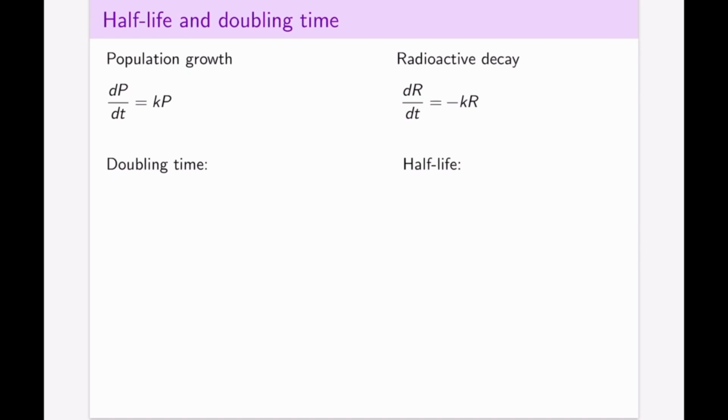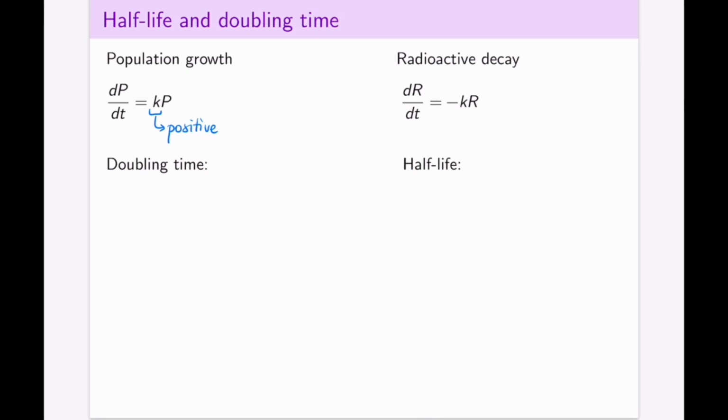So for population growth, we have a differential equation that states that the rate of growth is proportional to the size of the population. If we're talking about the growth, then this constant of proportionality is going to be positive. And if the population is growing, then we can of course discuss things like doubling time, meaning when is the population going to be twice the size that it started with?